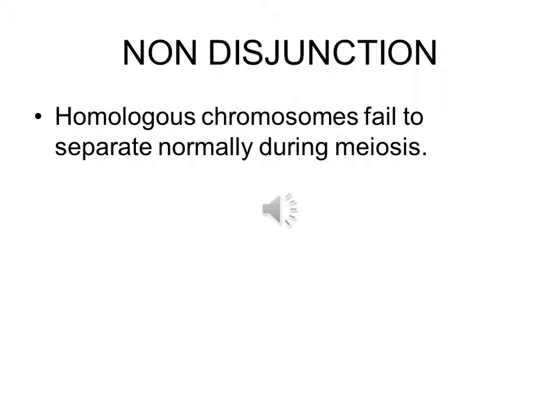So if non-disjunction occurs during the formation of gametes, we'll get some gametes that have 24 chromosomes and some gametes will only have 22 chromosomes. If one of these gametes unites with a normal gamete, the result is a zygote that is either trisomic, which has 1 extra, or monosomic, which is short that 1 chromosome.